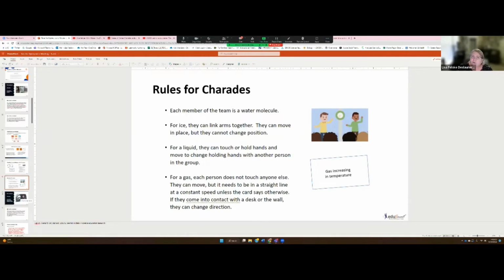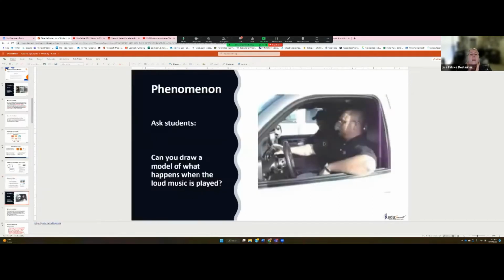So this is one way you could model the states of matter, is by actually acting it out and moving around. You probably have done something similar where you talk about how liquids move and then gases move, have more energy, but this is a lot more in-depth so that they can show you their thinking about something a little more complicated than just a simple example.